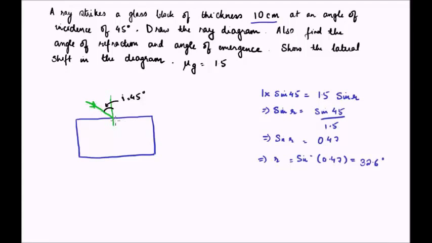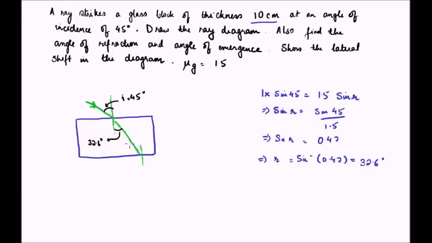So something like this will happen, and this angle will be our 32.6 degrees. Now again at this surface refraction will take place, and this angle will be 32.6 because this and this are alternate angles.